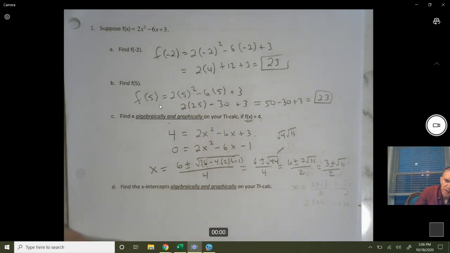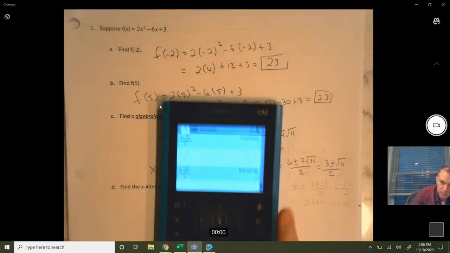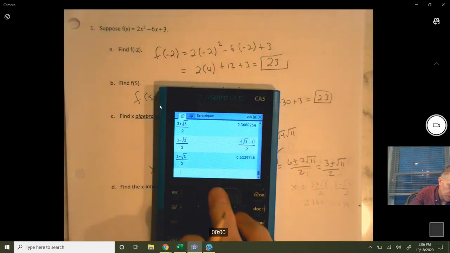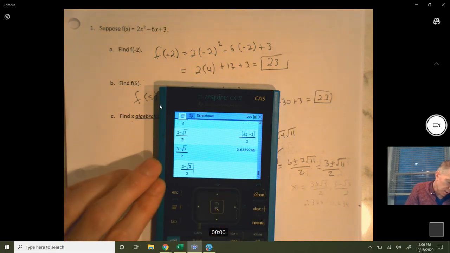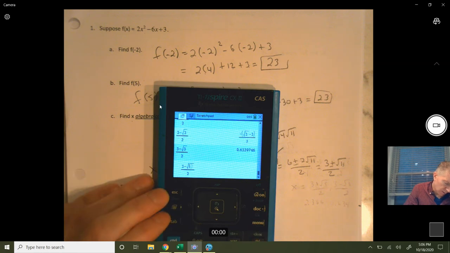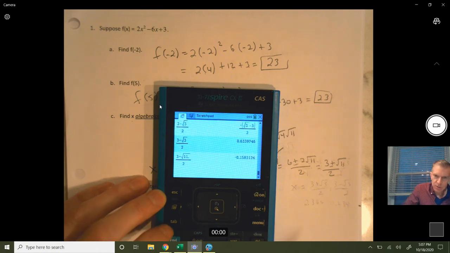So let's plug that in and we can check our answers. Okay. Actually, I'm just going to arrow up to this. The only thing that's different is that we've got root 11. And another way, instead of doing Control Enter, if you enter a decimal anywhere in your expression, that's your cue to give you a decimal answer.